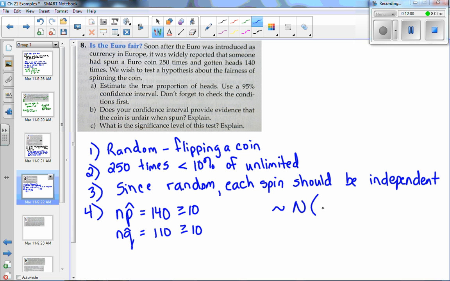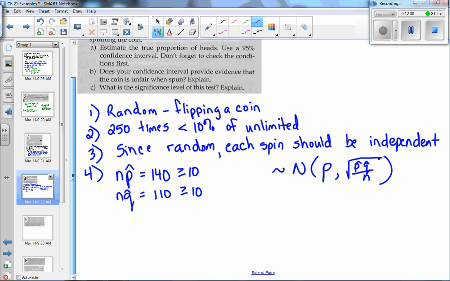Technically it would be p, which we would expect to be 0.5, but we're going to use an approximation here, and so we'd have our standard error of the square root of p hat q hat over n.